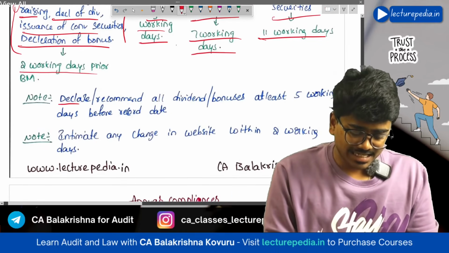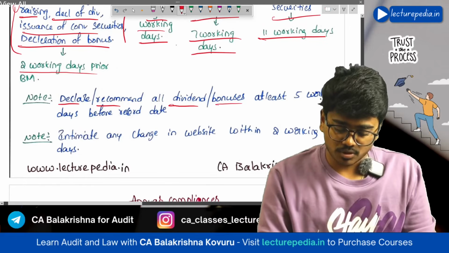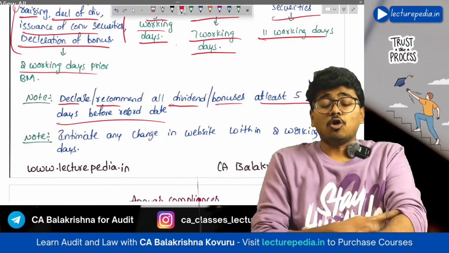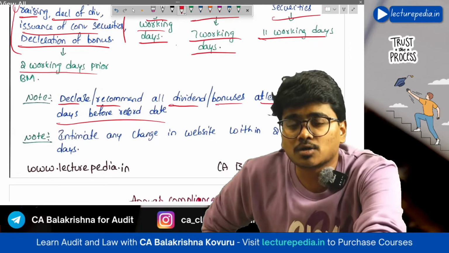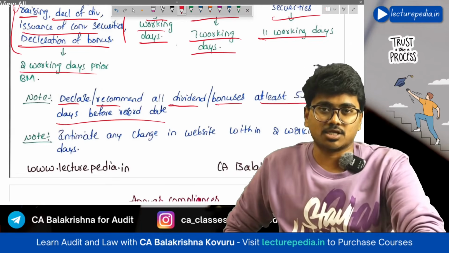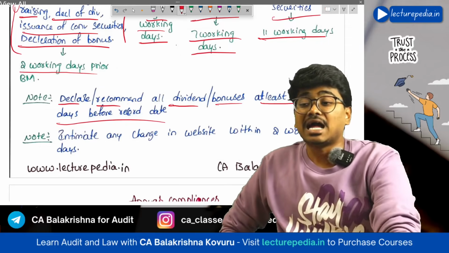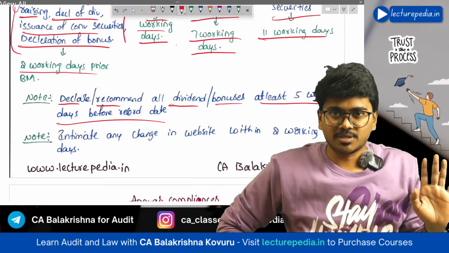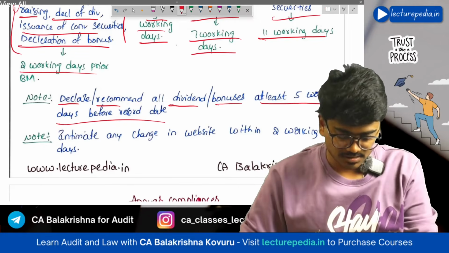Note: declare or recommend all dividends or bonuses at least 5 working days before the record date. How much dividend you are going to declare per share has to be announced at least 5 days before the record date. Hope that is clear.